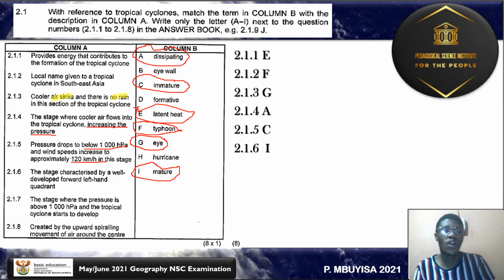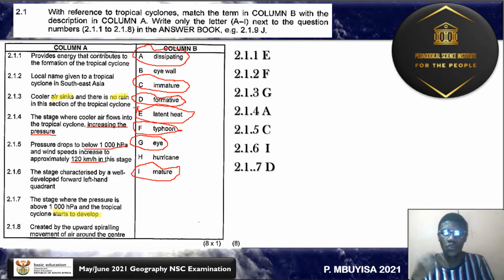And 2.1.7, the stage where the pressure is above 1000 hectopascals and the tropical cyclone starts to develop. Which stage does it start to develop? That's the formation stage, the formative stage, that is D. That's where the tropical cyclone starts to form.